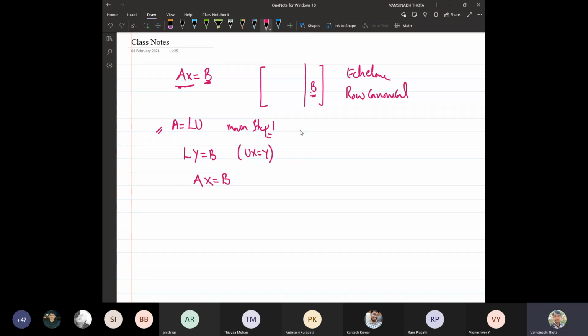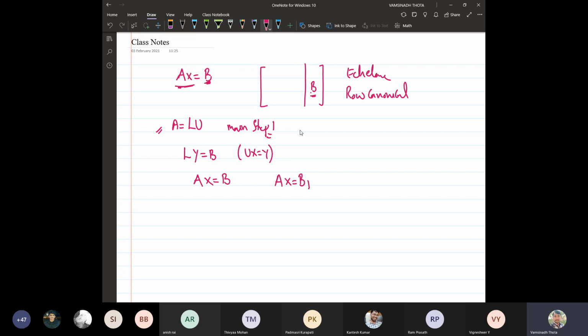But later, in the same practical problem, suppose you need to solve the system Ax = B1, where the coefficient matrix is the same but the constant matrix changes.